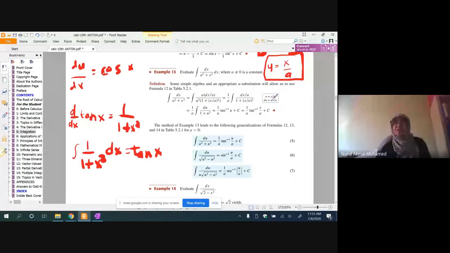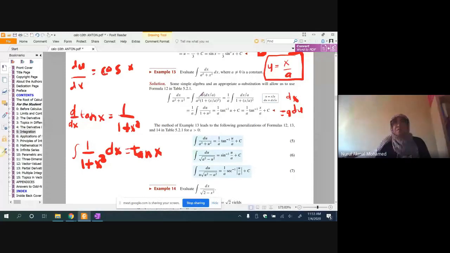So if you differentiate, you will get du is equal to dx divided by a. In other words, your dx will be a du. So dx is equal to a du, so that's why you get an a here.